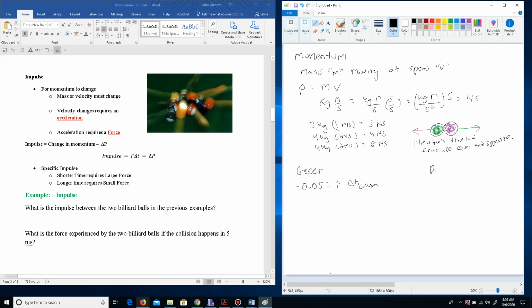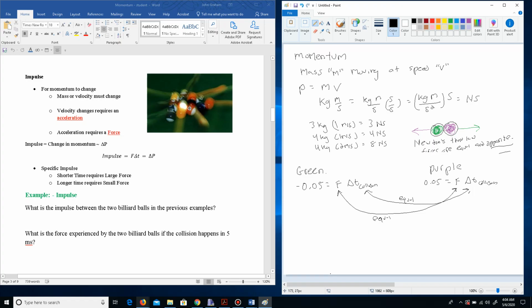And the purple ball has 0.05 equals some force times some time of collision. This collision has to be the same time. I mean, they interacted with each other. That has to be same time. Matter of fact, that means the force itself in magnitude has to be equal. Which means the only thing that's not equal is the negative sign, and that's because the forces are equal and opposite.